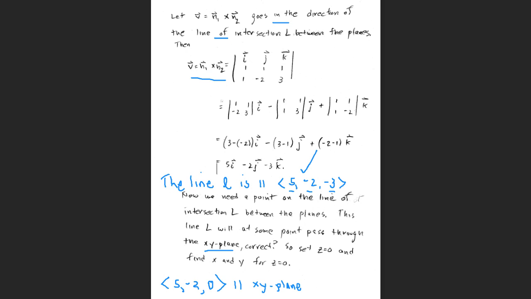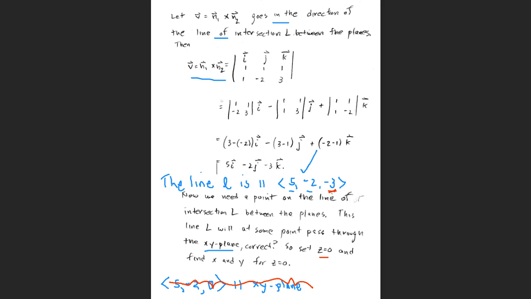But we don't have that for our third component. Our Z component is -3, which means the vector is angling in the Z direction downward, right? The line L is going downward in the Z direction. So we don't have this situation. So it's okay to say at some point this line is going to pass through the XY plane.